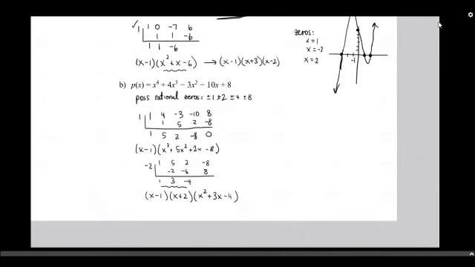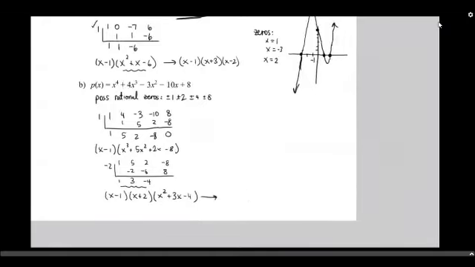And now I got to look at this quadratic and think, all right, can that factor, or do I need to use the quadratic formula? Looks like that'll factor. So I've got my x minus 1, I've got my x plus 2, and then x squared plus 3x minus 4 is x plus 4 and x minus 1.